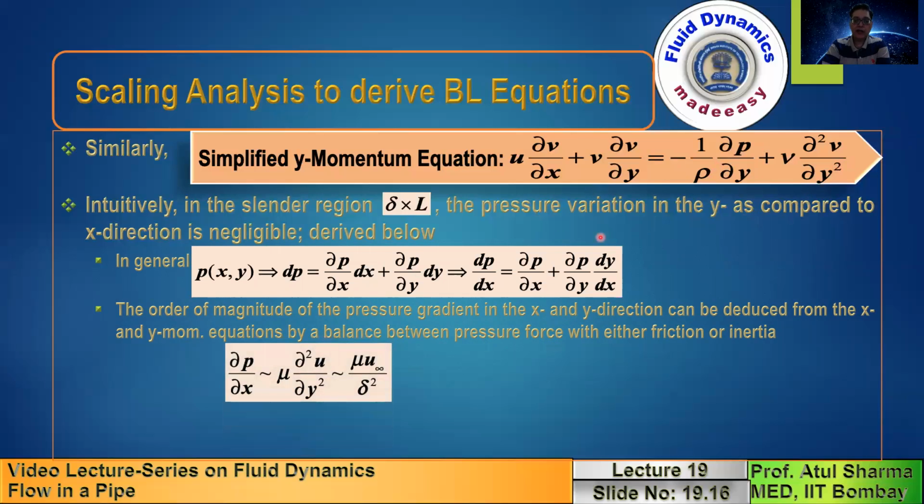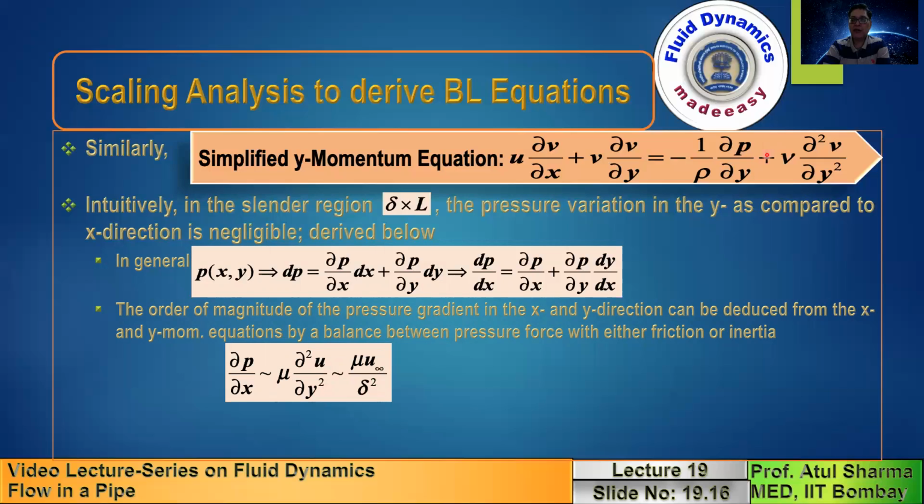So if I take the x momentum equation, I have 1 by rho del p by del x is of the order of mu by rho, where mu is kinematic viscosity. So for the x momentum equation, I get del p by del x is the order of mu del square u by del y square. Del square u by del y square is of the order of u infinity by delta square, because here you have y square, so it will be delta square.